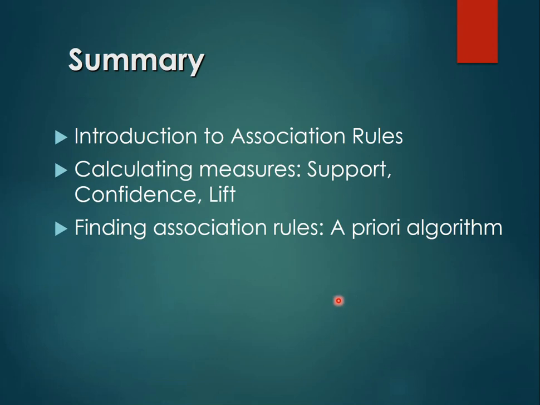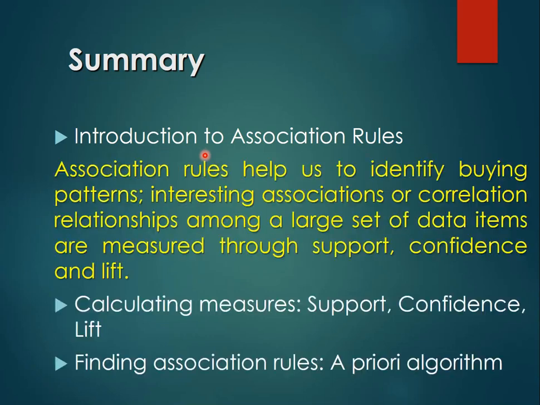So in the summary section, we have introduced association rules. Basically, association rules help us to identify buying patterns, interesting associations or correlation relationships among a large set of data items, though of course our sample uses only 5 transactions.